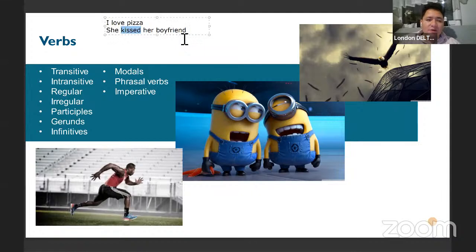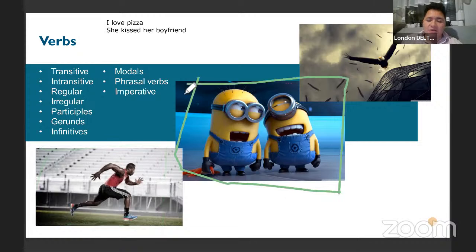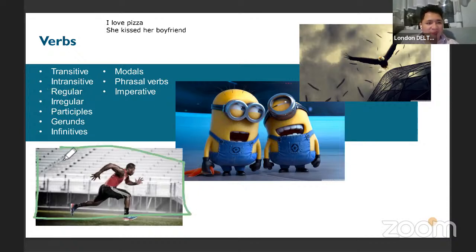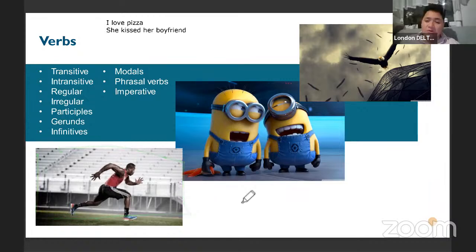What would be examples of intransitive verbs? Like your partner explained very well, you need the object or not. That's the key. All these verbs that you see in these pictures are intransitive. What is this verb in this picture? Run. Do you need to add something else to run to make sense?